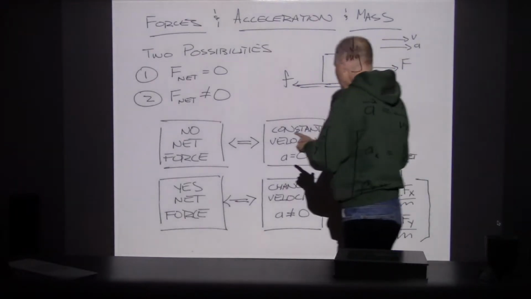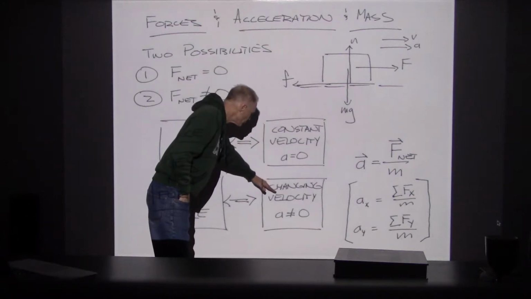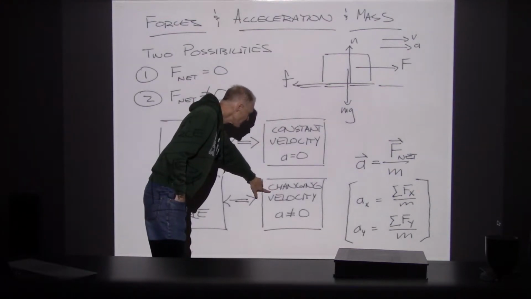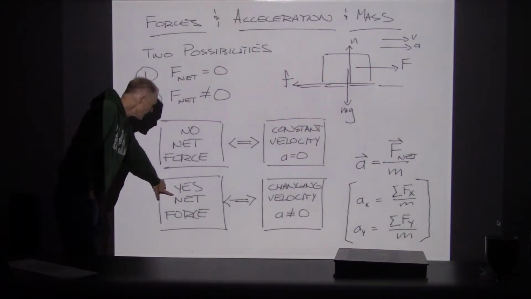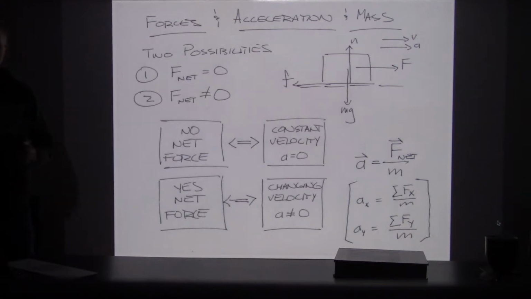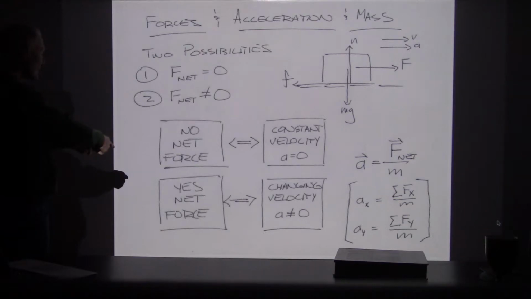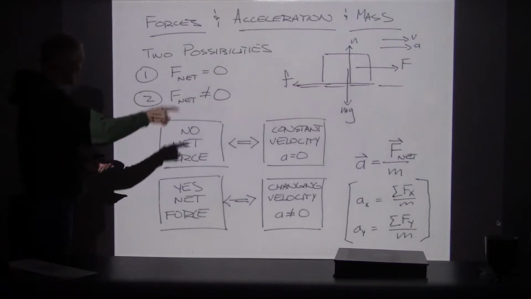All right, so the other possible category, constant velocity versus changing velocity. Well, changing velocity means there is an acceleration taking place, and that tells us that the forces are not balancing out. They're not canceling out perfectly. If an object is undergoing an acceleration, it must be that there is some net force, some leftover force, when we look at all the forces combined.